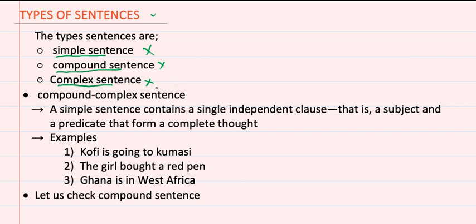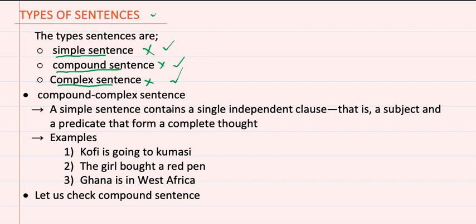And these sentences form part of our writing. It's either we use simple, compound, or complex sentences. So we need to understand these forms of sentences so that when we are writing, we know the kind of sentences that we are using. When we use sentences in that manner, it will make our essay nice for readers to understand.